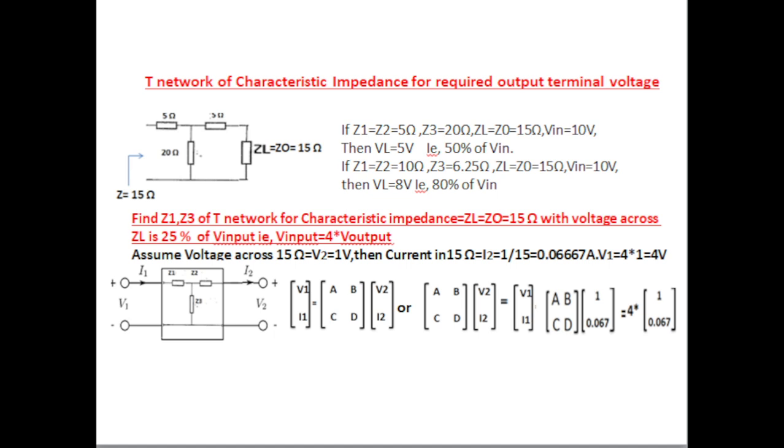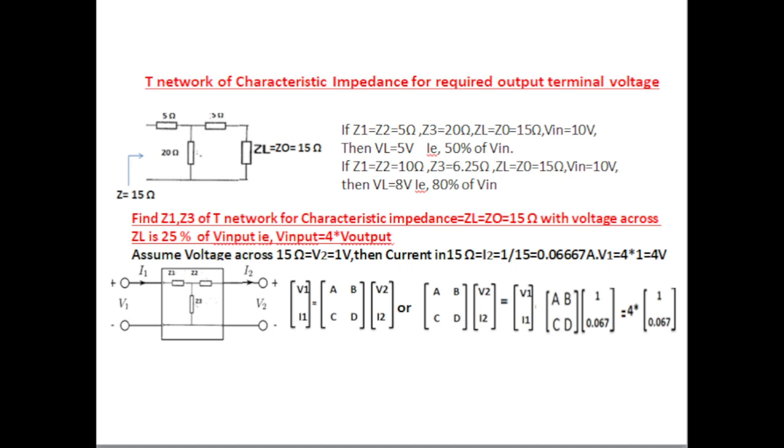Assume voltage across 15 ohms equal to V2 equal to 1 volt. Then current I2 equal to 1 by 15 equal to 0.06667 ampere. V1 is equal to 4 into 1, that is 4 volt. So V1, V2 and I2 we got.